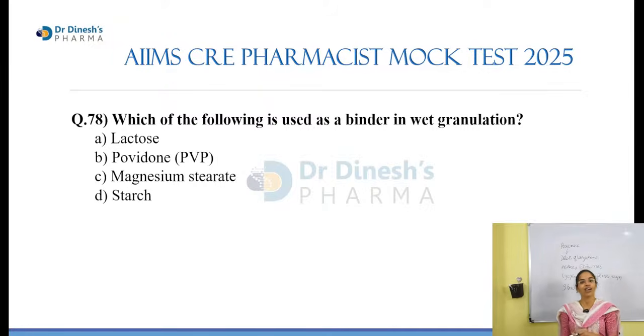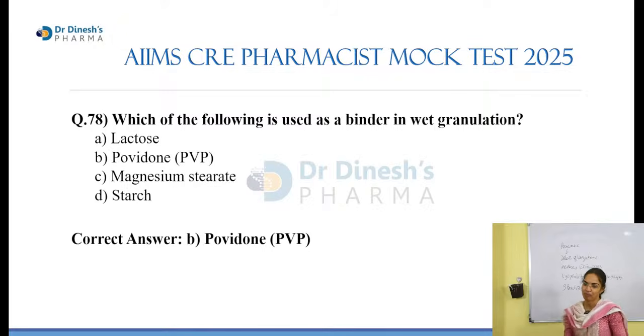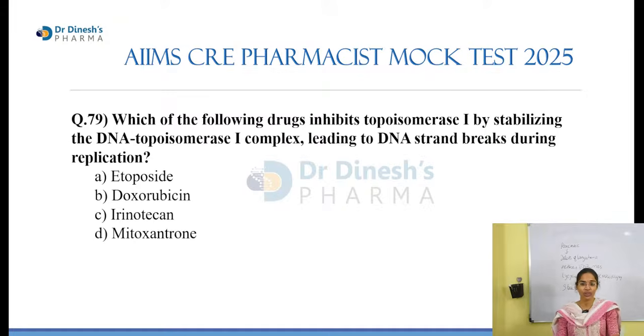But the individual term starch indicates so many things. Starch is used as a disintegrant, as a diluent, and so many other uses. So you can't categorize it under binder exclusively. If it is starch paste, yes, that will also be a right answer. So PVP is the binder here.